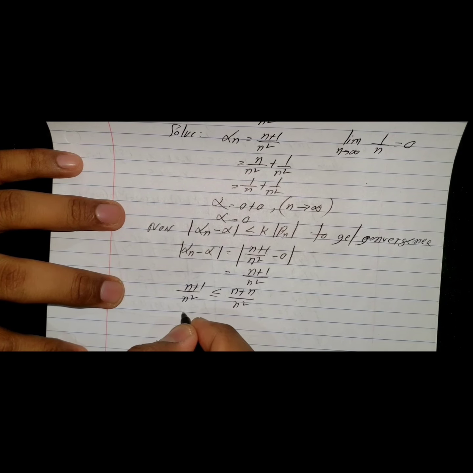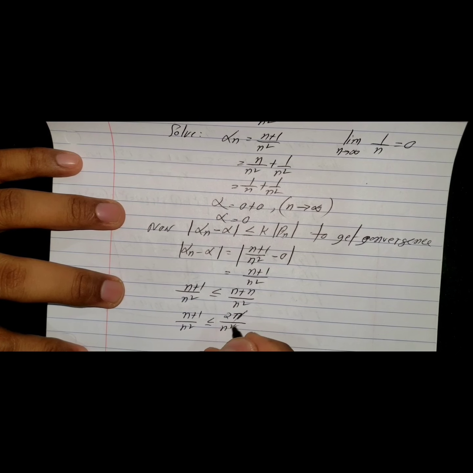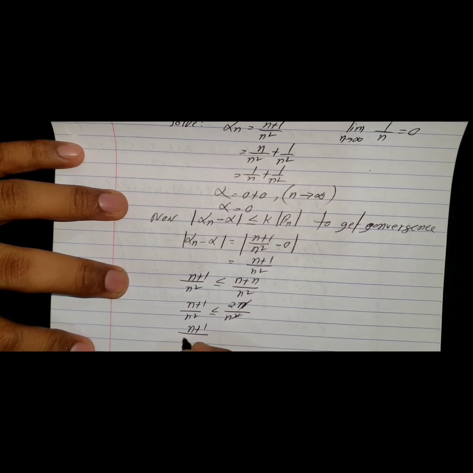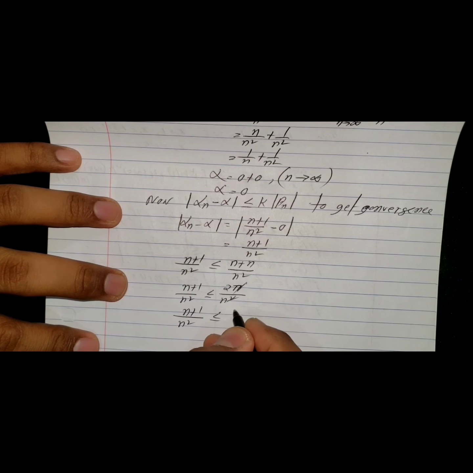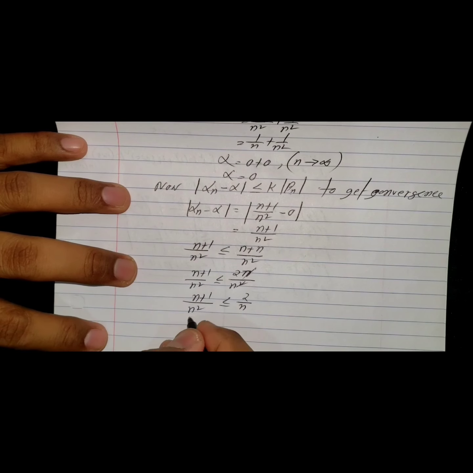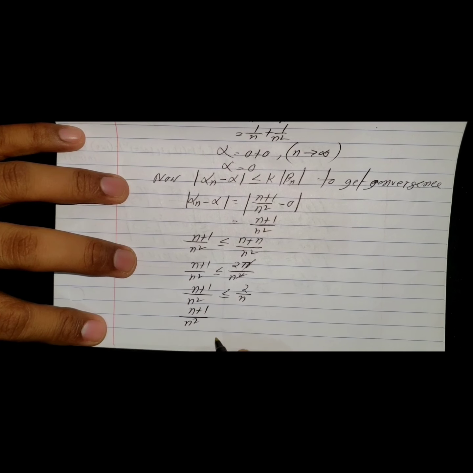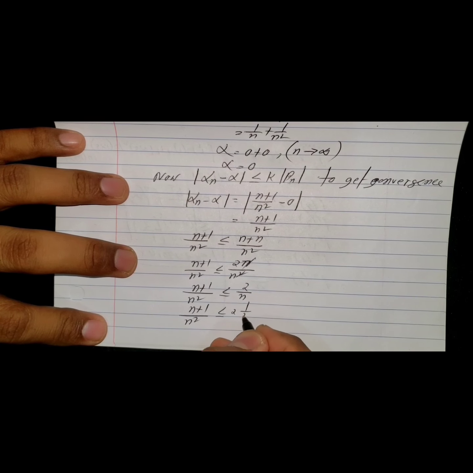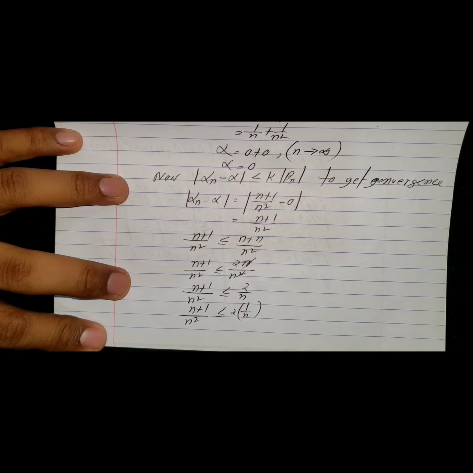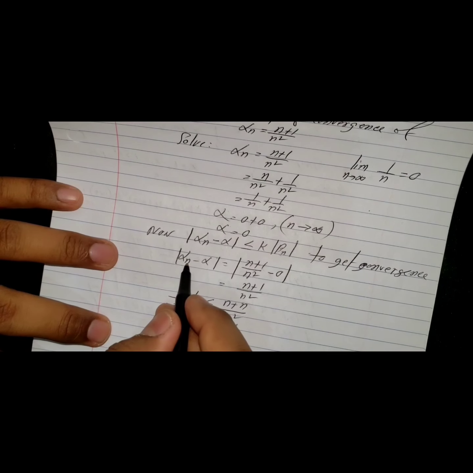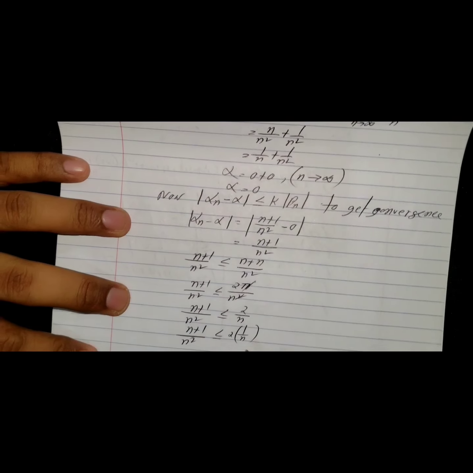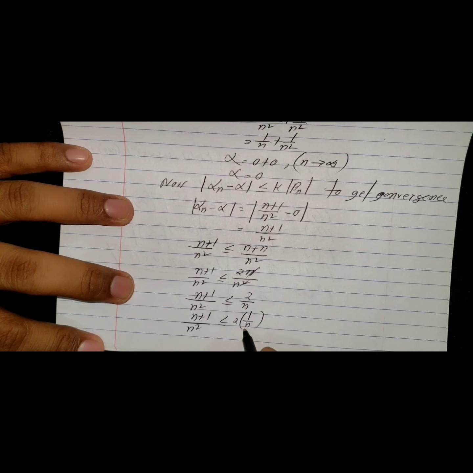So now if you simplify, I have 2n by n squared, and n plus 1 by n squared is less than or equal to 2 by n, and we can simplify more, that gives us 2 times 1 over n. So this n plus 1 by n squared, which is alpha n minus alpha, is less than 2 times 1 by n.